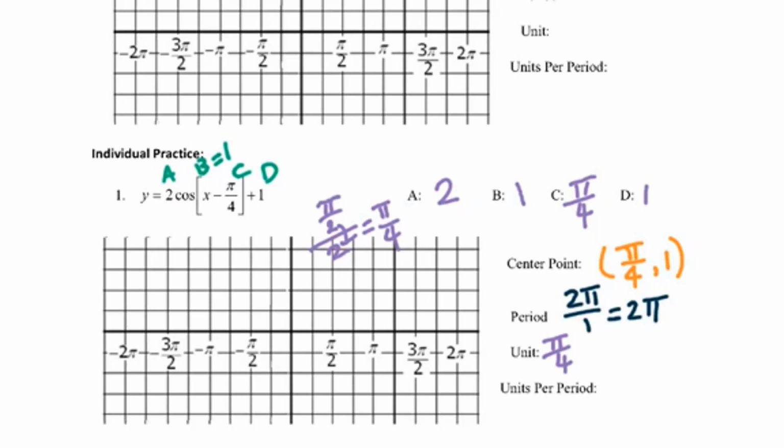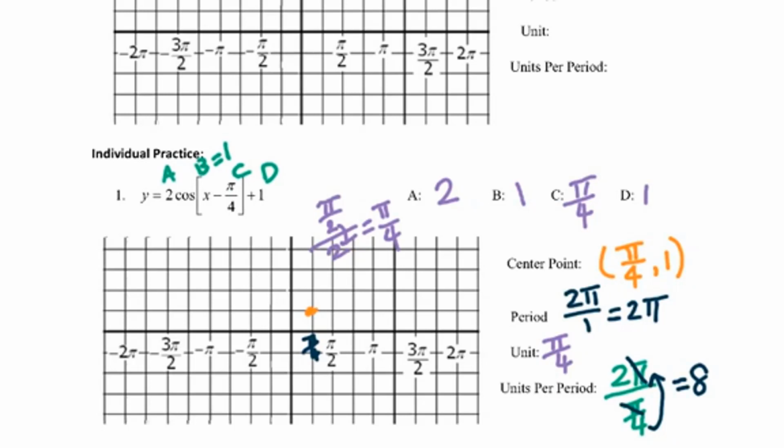Then for one period, how many units? We got to do 2 pi divided by pi over 4. Then pi is gone. Jump, multiplication, that's 8. Therefore, we will figure out pi over 4. This is pi over 4, and 1 will be here.